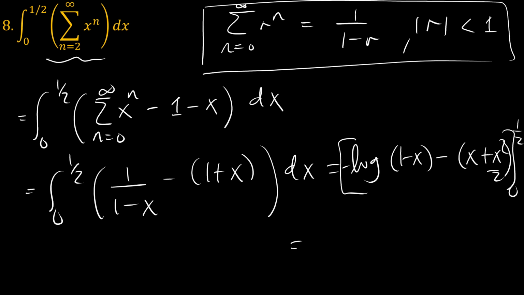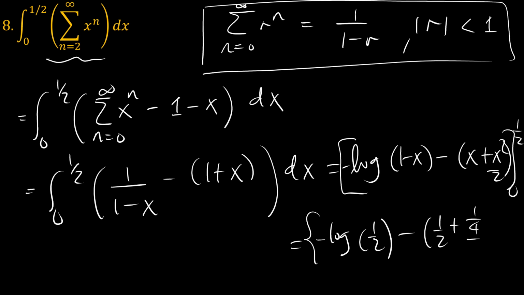So this becomes minus log of half minus a half plus a quarter over 2, minus 0.